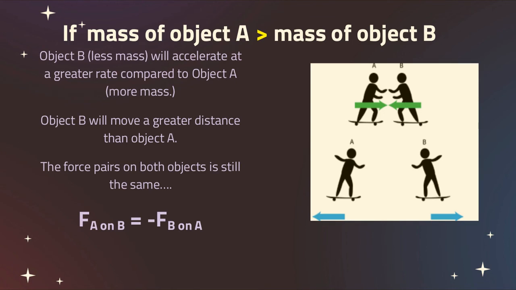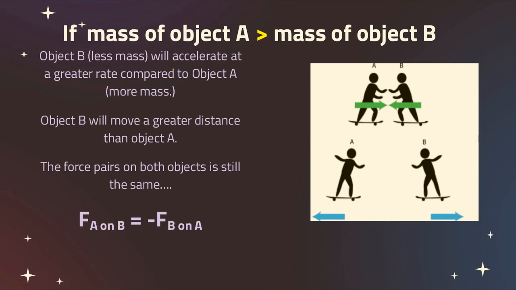The lighter object will move a greater distance than the heavier object. Think about your toe and the table. You can kick it, I don't recommend it, but the next time it happens, you can look at the table and it will not move, but your toe did, meaning that it actually bounced back. However, the force pairs are still the same. They experience the same exact value.